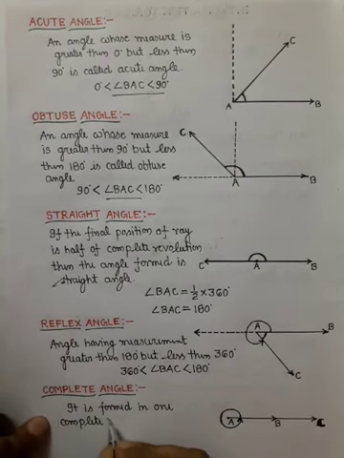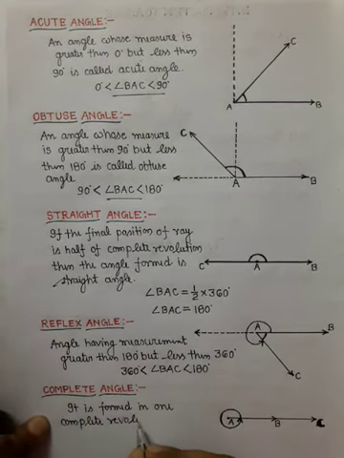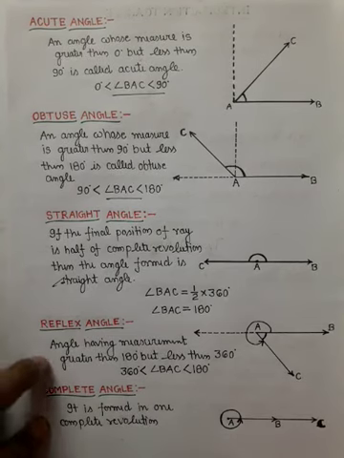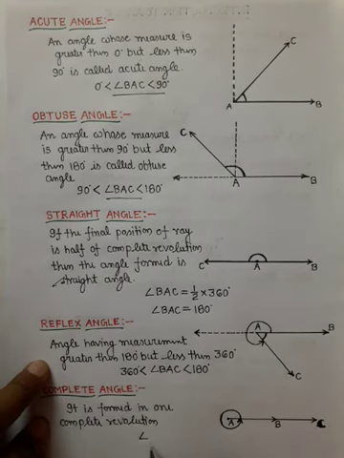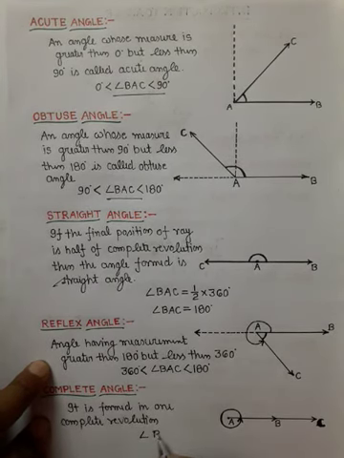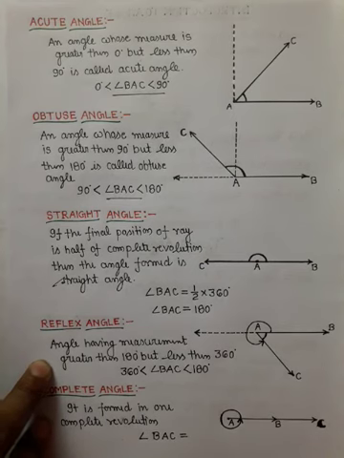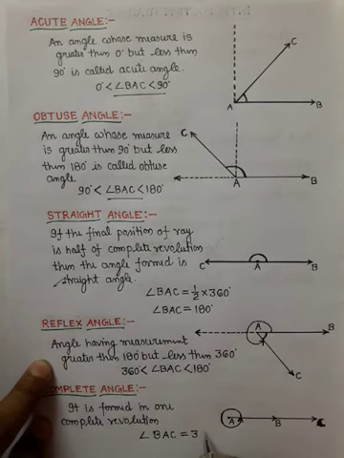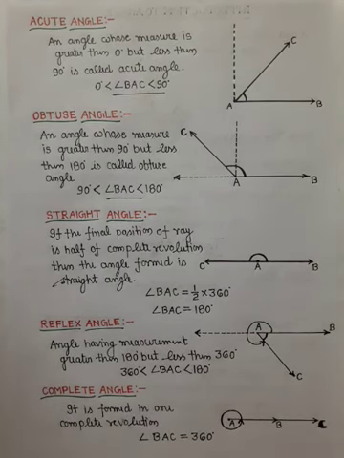So angle BAC is given as 360 degrees. So this one is the complete angle. So students, these are the classification of all the angles.